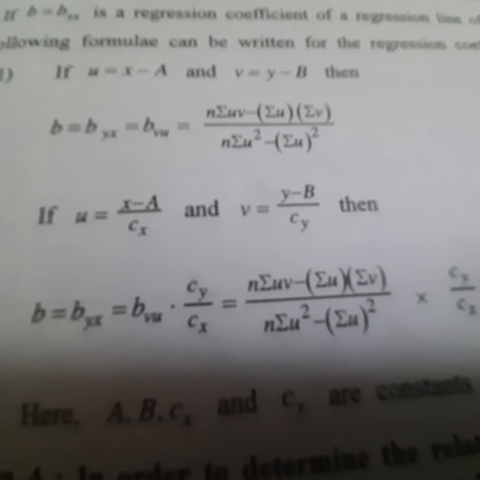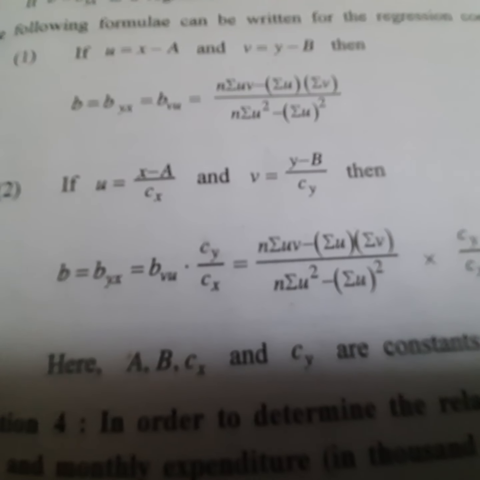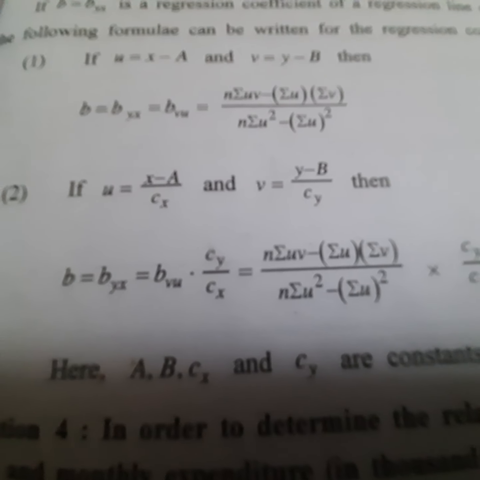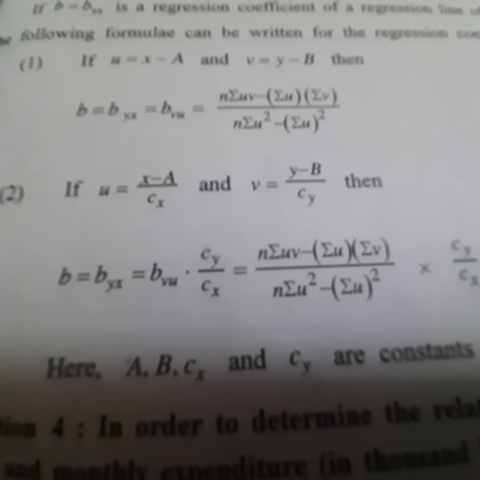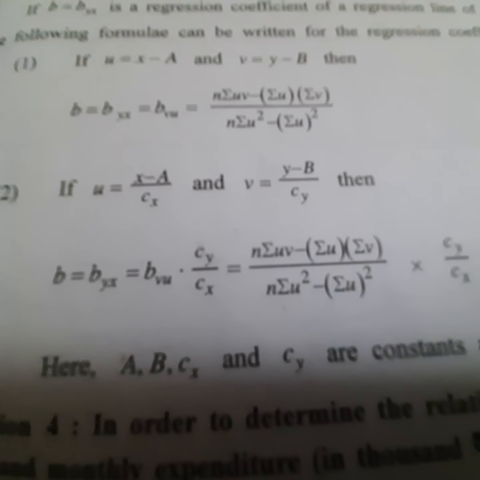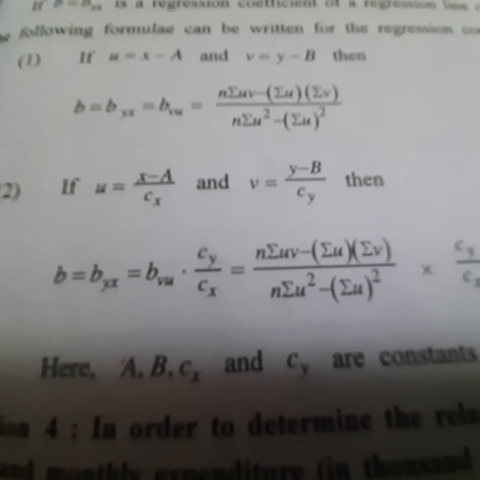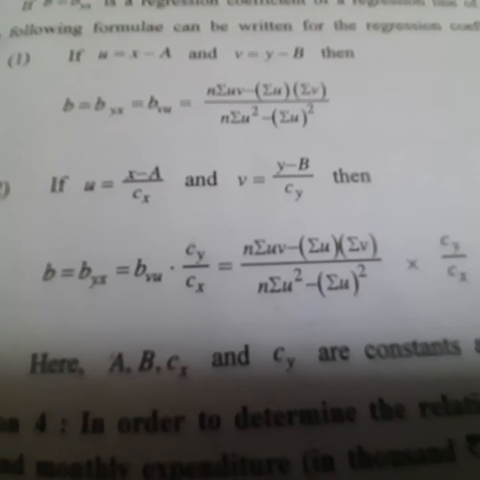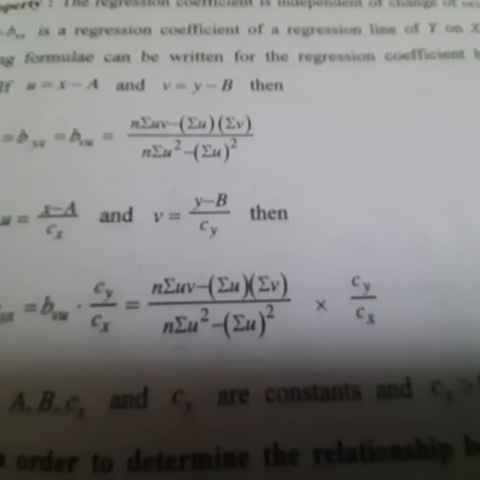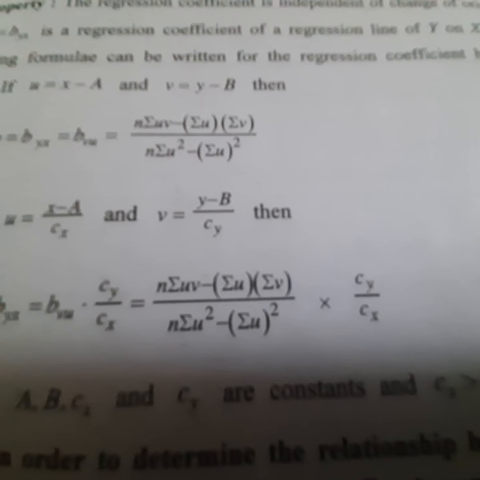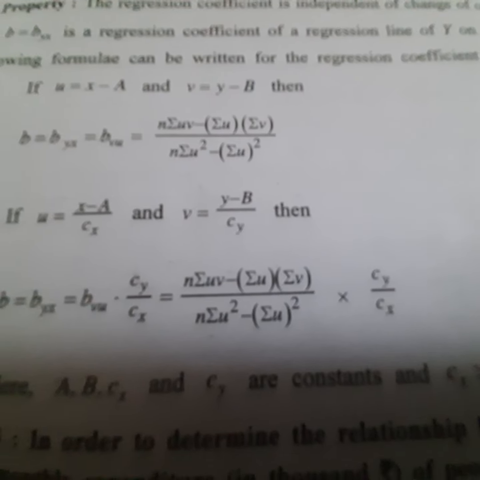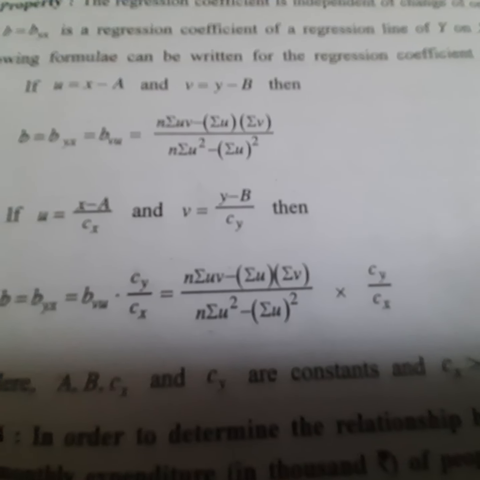Then the formula would be b_yx equals b_vu into cy upon cx, cy is the numerator and cx is the denominator. That is equal to n sigma uv minus sigma u into sigma v upon n sigma u squared minus sigma u the whole squared, multiplied by cy upon cx. So you have to notice this change when you are going for change of scale, by division or multiplication. In that case only we apply this formula.